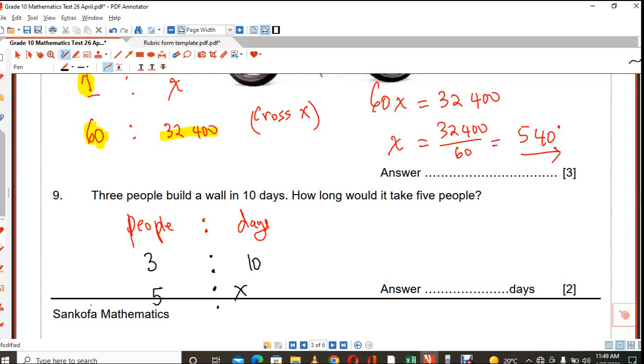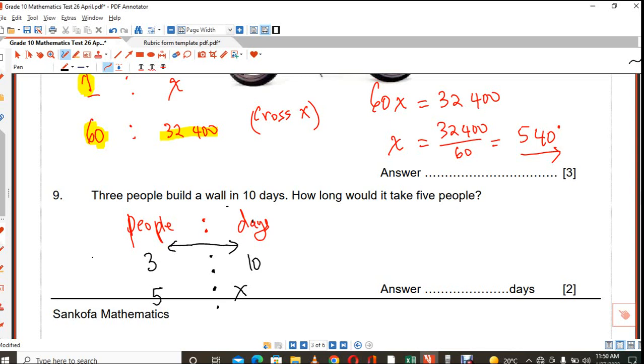Now here's the thing. The more people you employ, the less time you expect the work to be done. You cannot do cross multiplication here because it's not direct proportion. Direct proportion means as one increases, the other one increases. So if it were direct proportion, 3 to 5, then the other one should also be more. But it doesn't make sense. So the way you do this, you make your arrow horizontal like this.